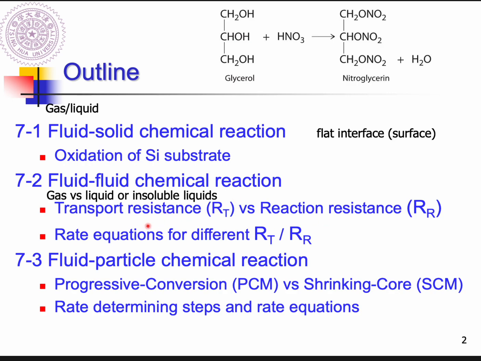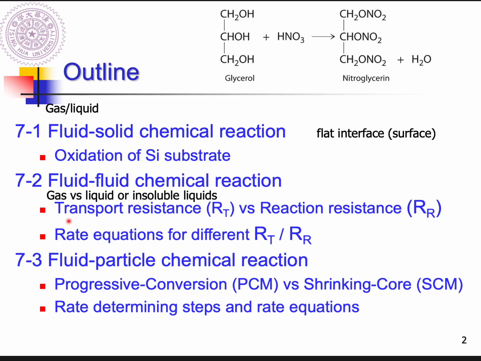In order to see which step is the limiting step, we use resistance as an indicator to give us a quantitative idea about how much time is spent in transport and how much time is spent in reaction, which means which is faster, or whether both are similar.